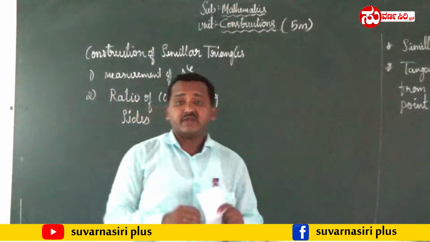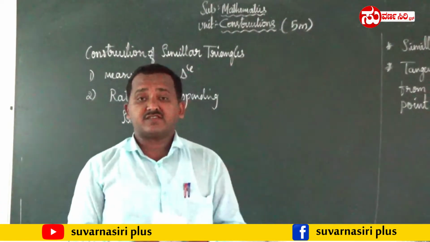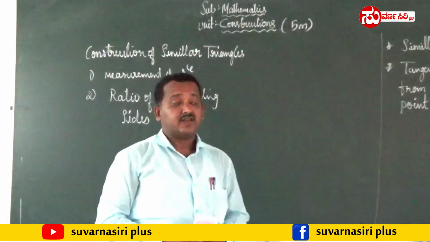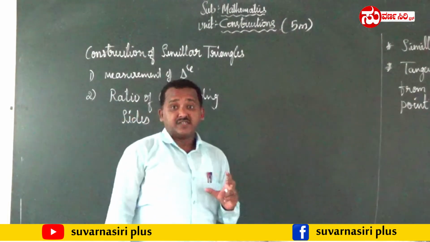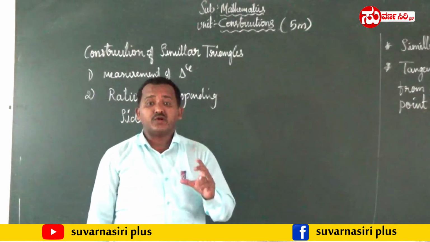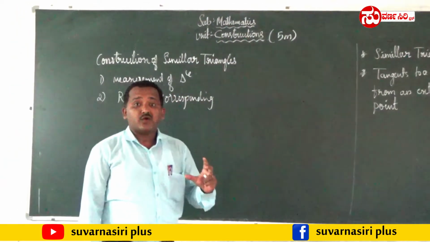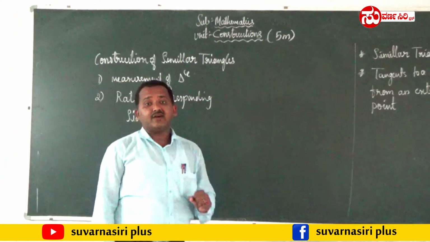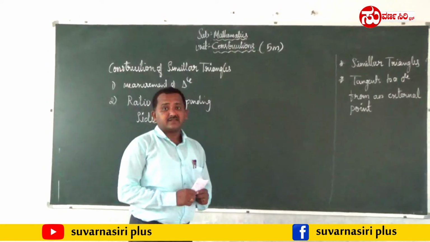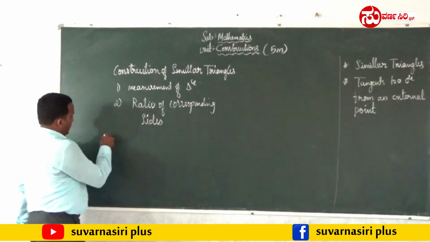So what are similar triangles? That you have already studied in the unit triangles. Here that similar triangle concept we are going to construct practically. Let us take one example.